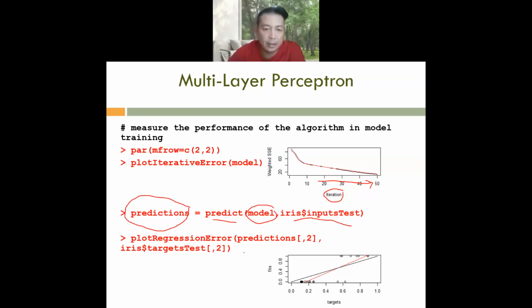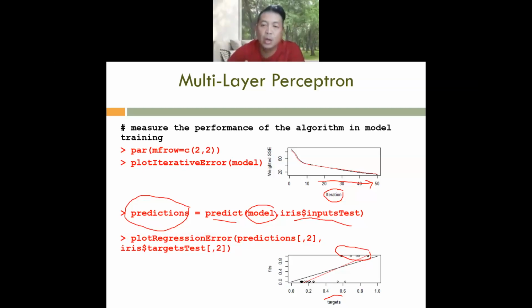Then you will plot the regression error against the test set that you have. So here we are looking at the red one. We have the black one that can split the data of the classes that you have.